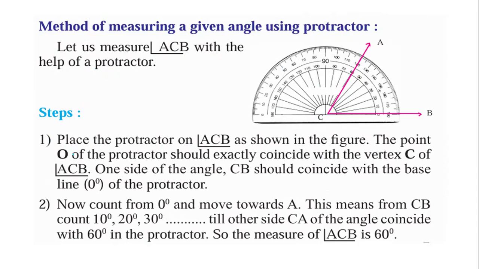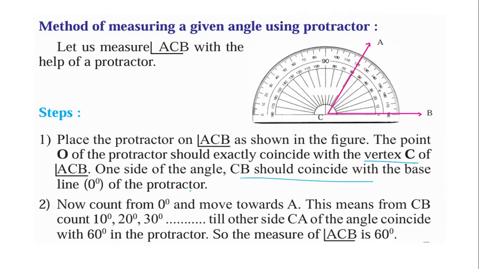The point O of the protractor, this point, should exactly coincide with the vertex C of angle ACB. One side of the angle, CB, should coincide with the baseline.